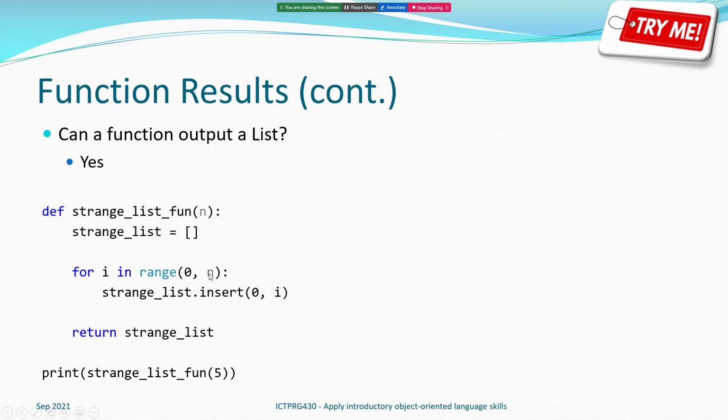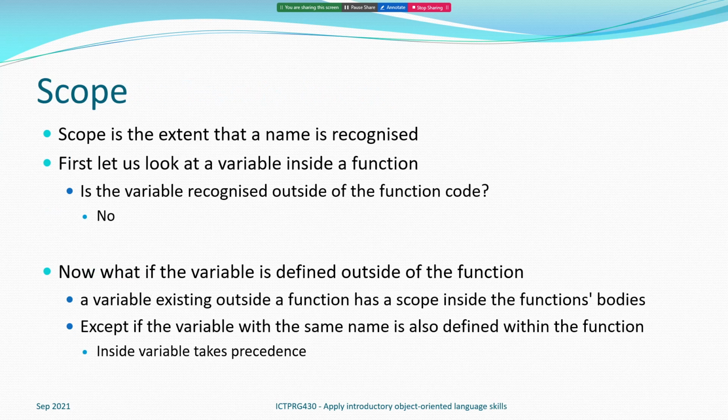So for every round of the loop, we're inserting a value into the list and then returning the compiled list as the result of the function, which would give you a list consisting of numbers.